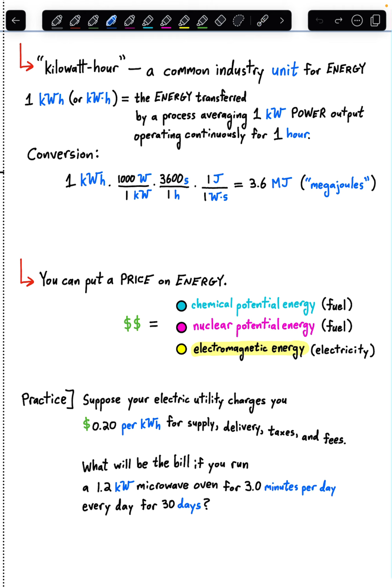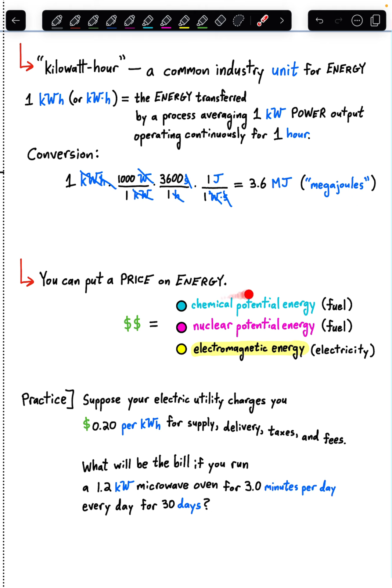So canceling kilowatts, canceling hours, canceling watts, and canceling seconds, we get 3,600 times 1,000, so 3.6 million or 3.6 megajoules. 1 kilowatt hour is an amount of energy equivalent to about 3.6 million joules or megajoules.